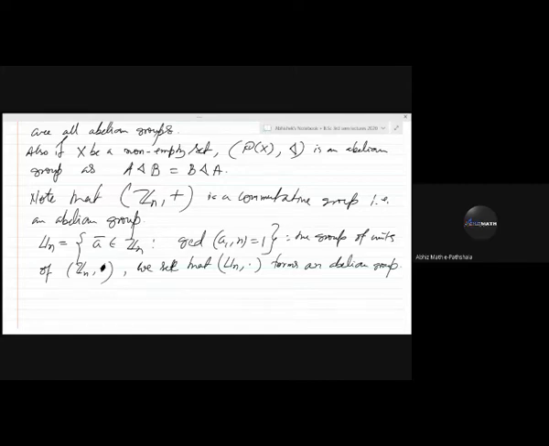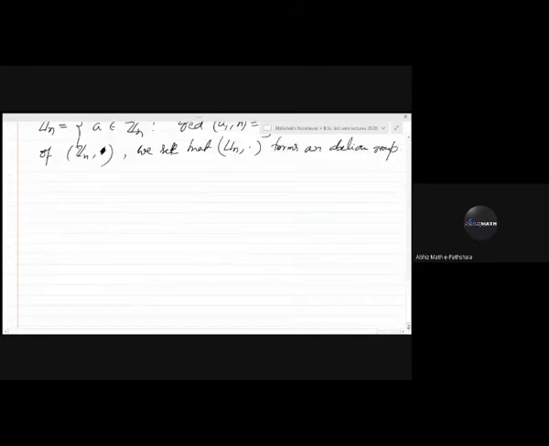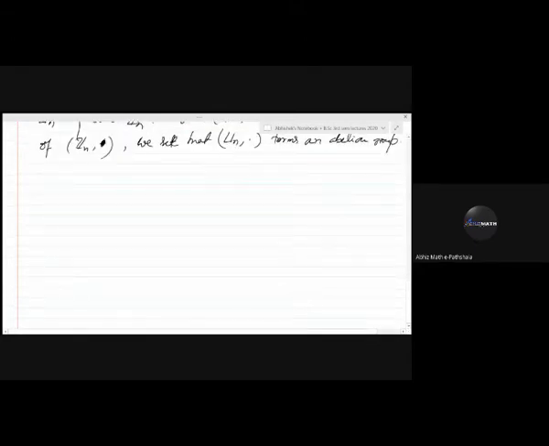Okay, now can you give an example of a non-abelian group?